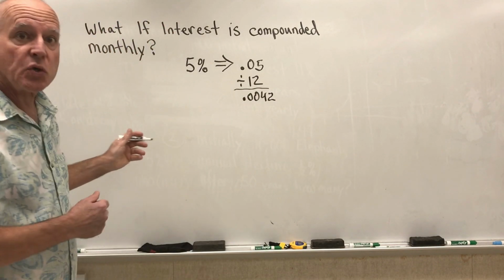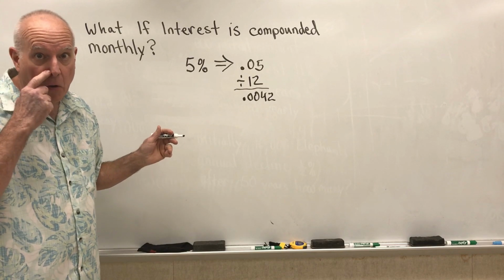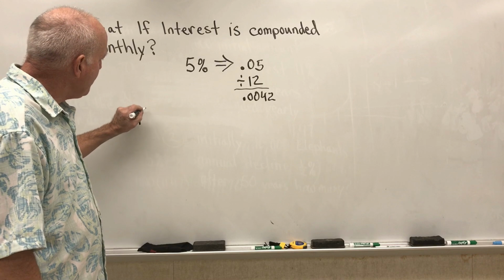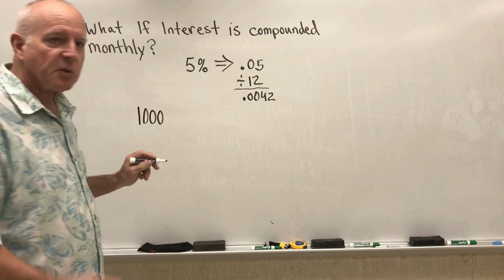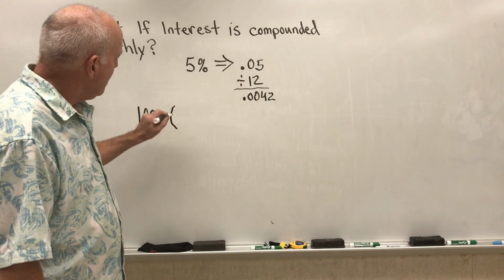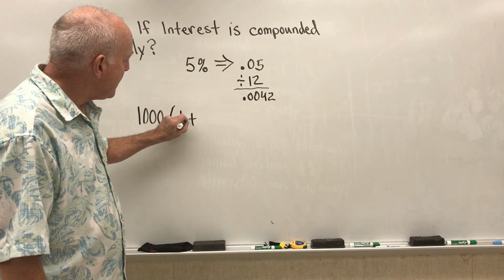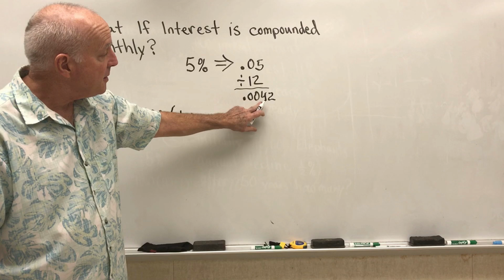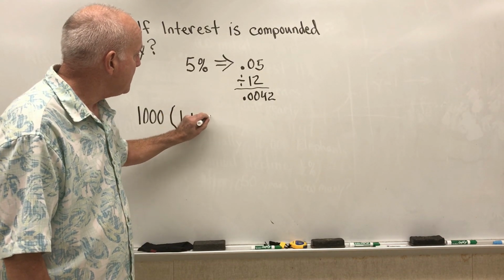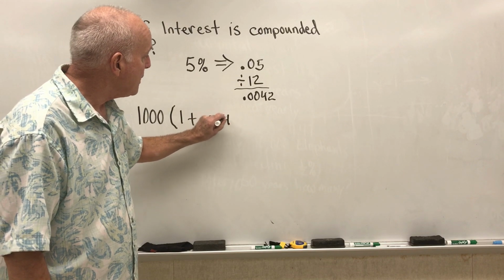Now we go back to our compounded growth calculation, and let's do this again. So we have $1,000, that's our principal that we put into the bank. And then we have the 1 plus, in this case, because the period is going to be 0.0042, so it's going to be 1 plus 0.0042.